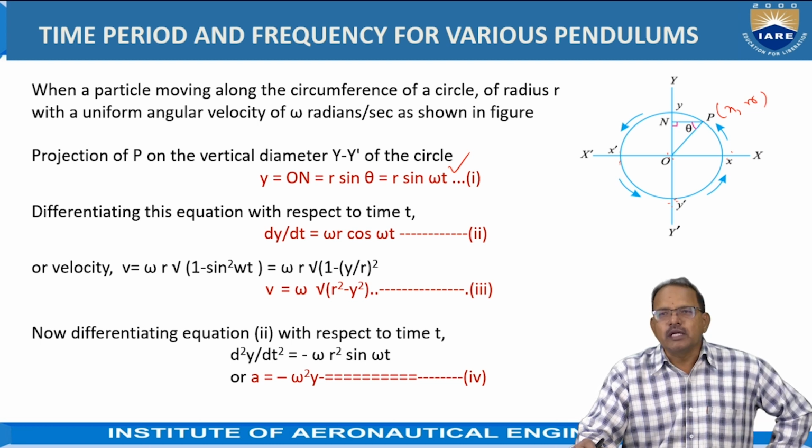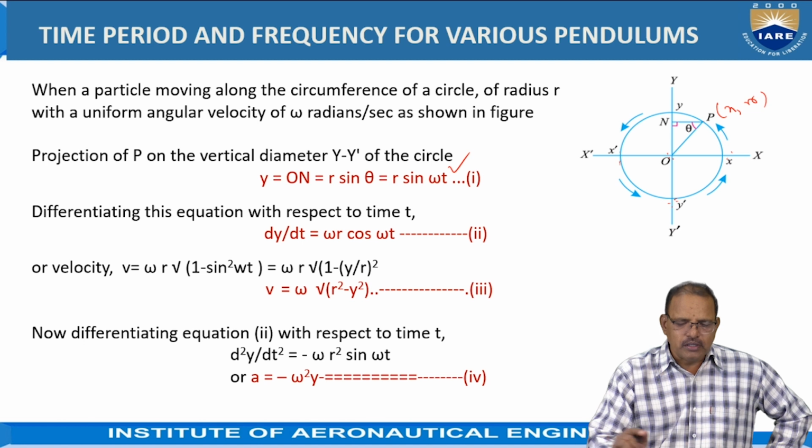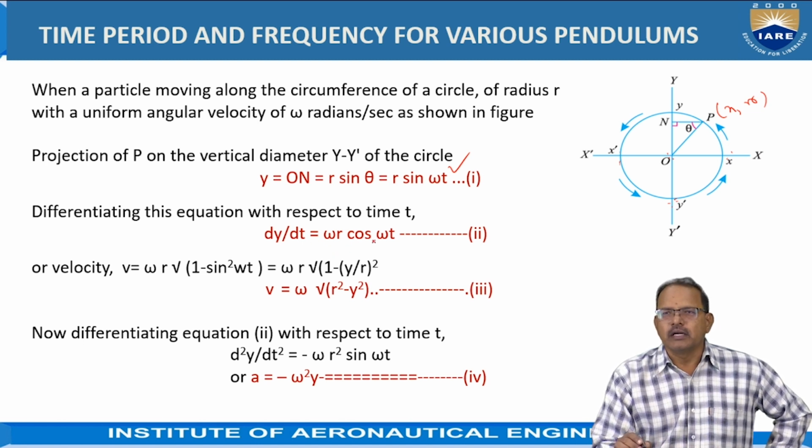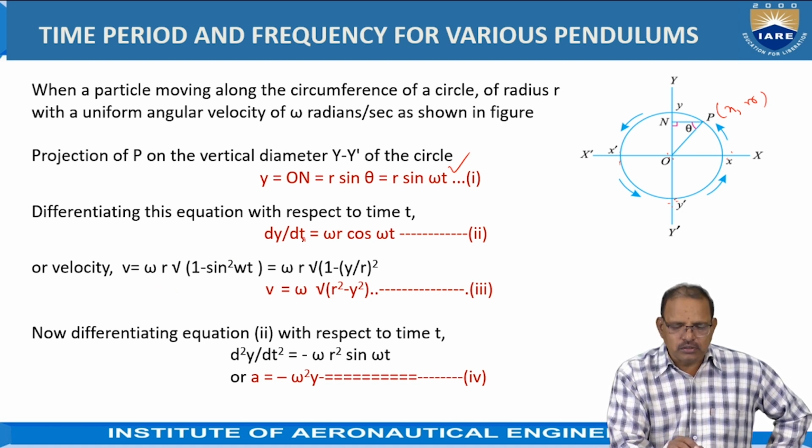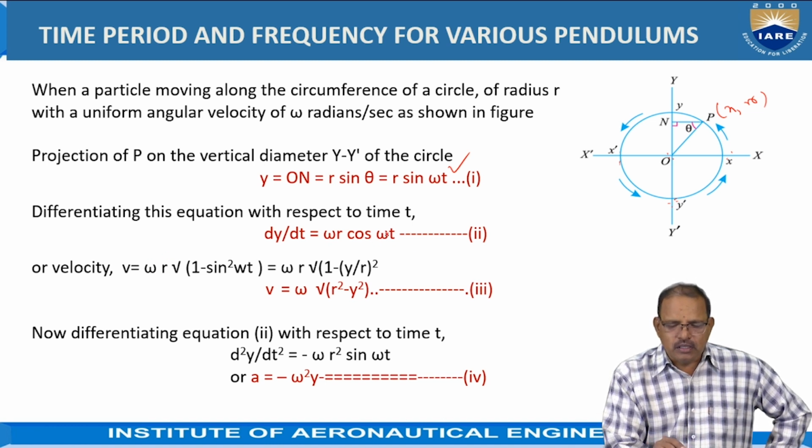So integrating the above equation once, that is dy by dt is equal to omega r cos omega t. From this relationship, v is equal to omega into r, and cos omega t is equal to under root of 1 minus sin square omega t.